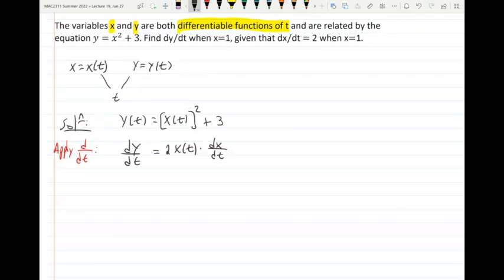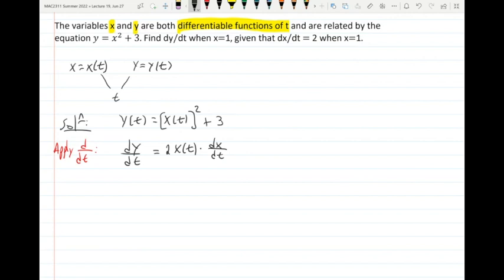So now, notice that what we had before was an equation relating the variables in question, and now after taking derivative, what we have here is another equation that relates their derivatives, or their rate of change. So that's why this unit is called related rates, because here we have a relationship.